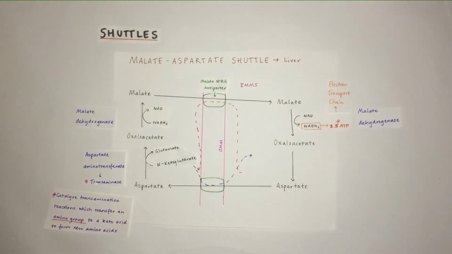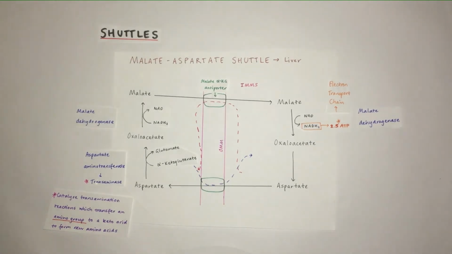This is because we're not skipping complex 1, we're going straight to complex 1 where there's an NADH. It might be worth looking at your electron transport chain as you watch this video, so you can see that we've got that NADH for complex 1, we don't have to skip it, and we can go straight through and make the maximum amount of ATP, and therefore the NADH is worth 2.5 ATP, as opposed to what we saw before in the muscle where we have an FADH which gets into the mitochondria, which skips complex 1, and we go into complex 2 because that's where that FADH is used.